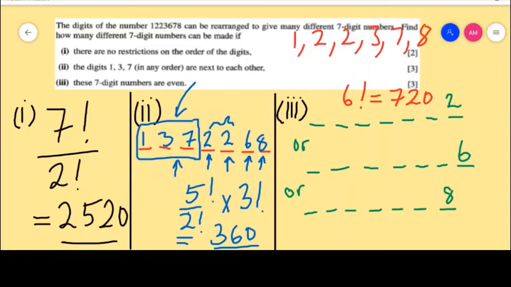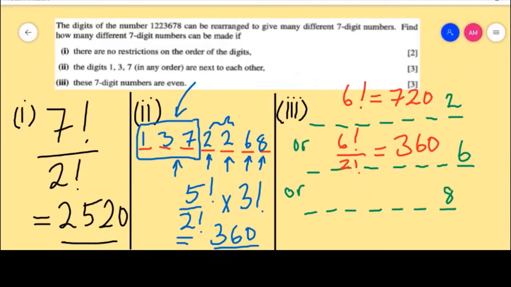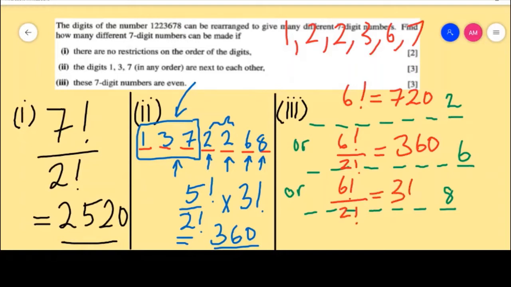This is 6 numbers, that's 6 factorial over 2 factorial, which is 360. In the third case, I've used the 8, so I have 1, 2, 2, 3, 6, 7. So this is 6 factorial, but again the 2's repeat, and this gives 360.